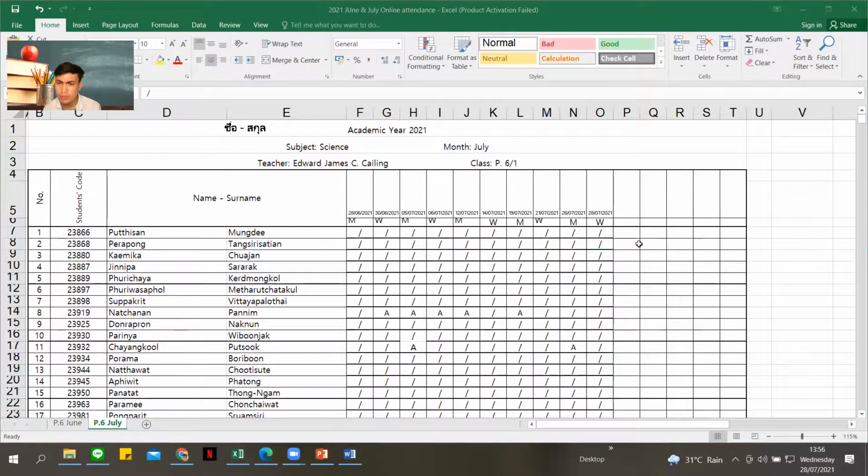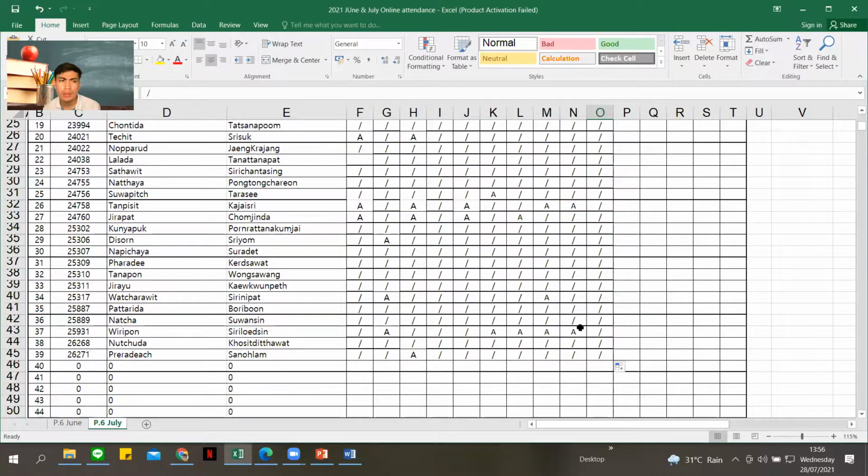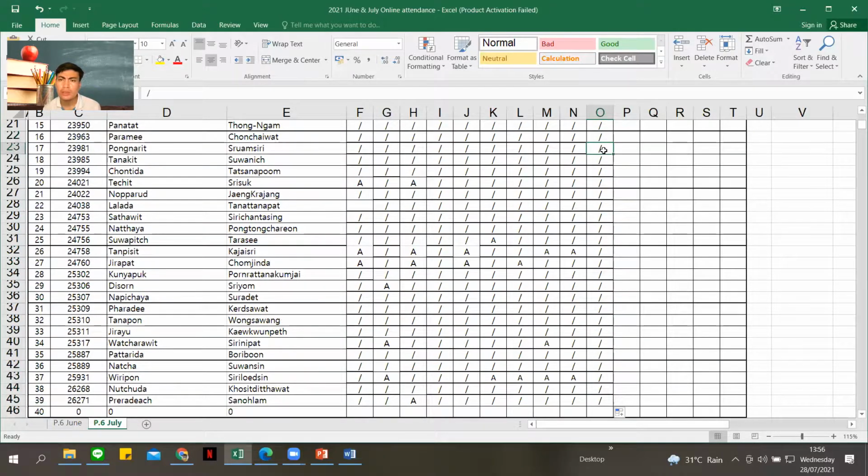Okay, good. Nobody's absent from 1 to 16. What about 17, 18, 19? What about number 20? Are you here, number 20? Teach it is absent. 21.